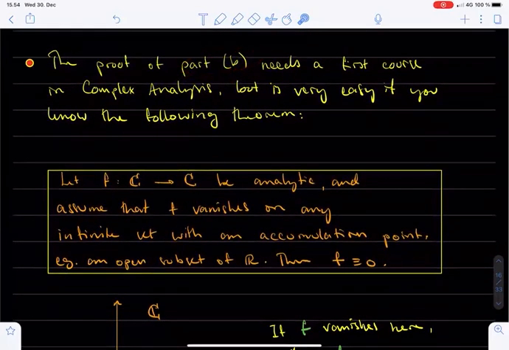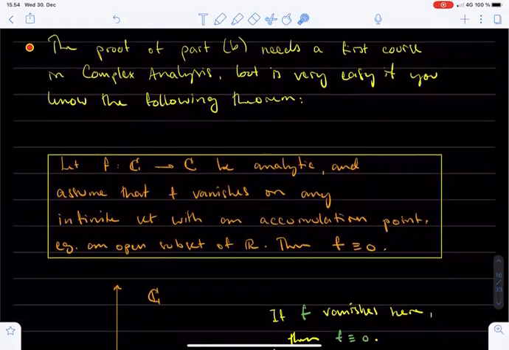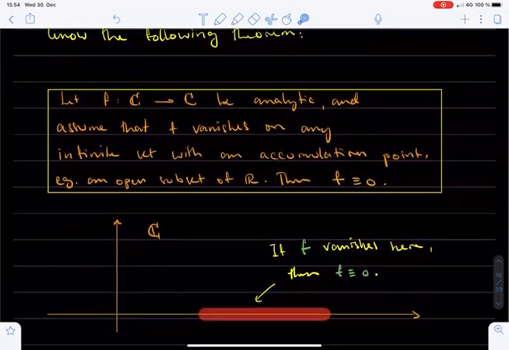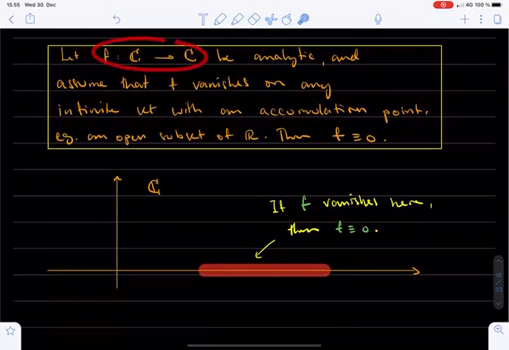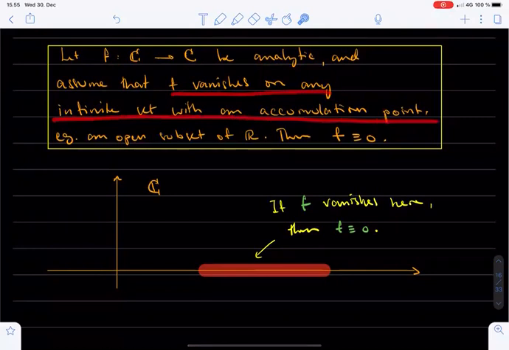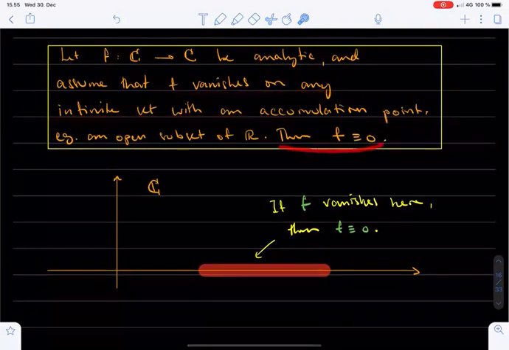The proof will require one key result from a basic course in complex analysis. If you haven't studied complex analysis, don't worry, this proof will not be a part of the course's core material. The theorem from complex analysis we need is the following. If f is an analytic function defined on the complex plane C, and f vanishes on any infinite set with an accumulation point, then f is the zero function.